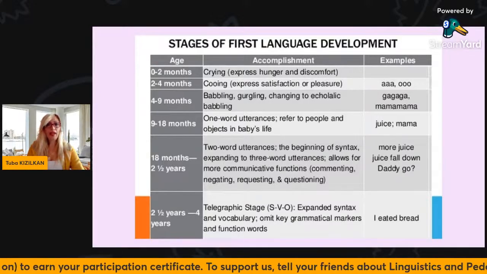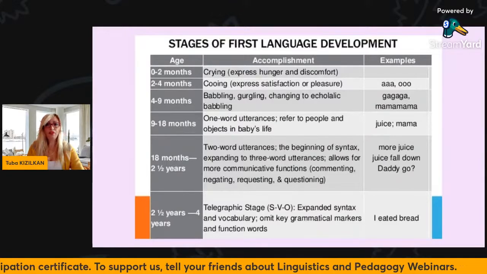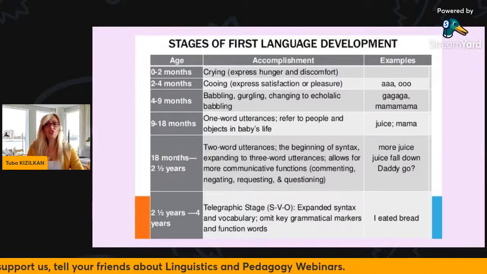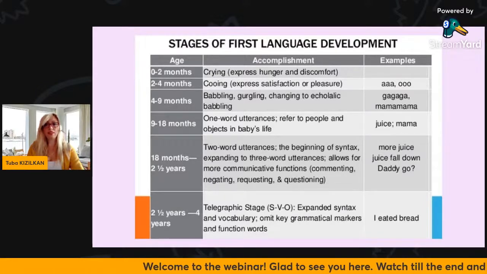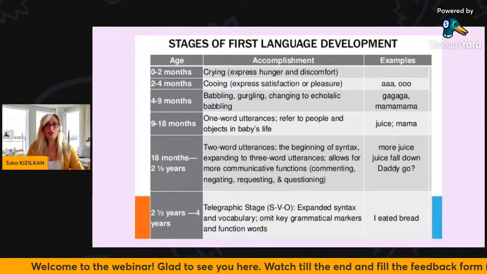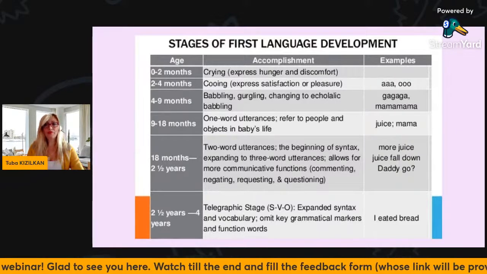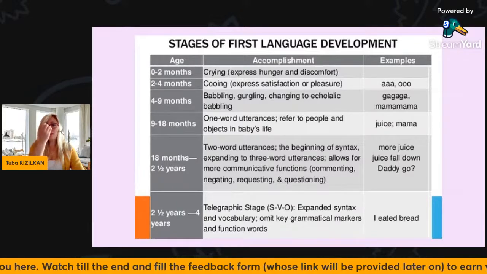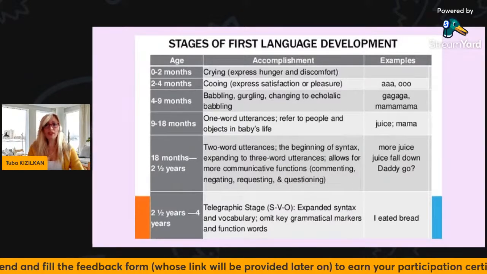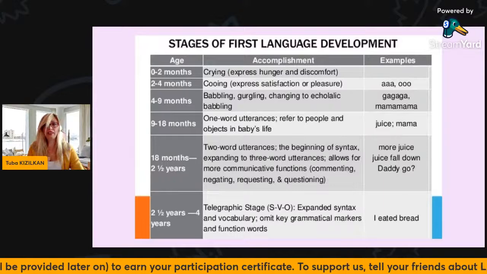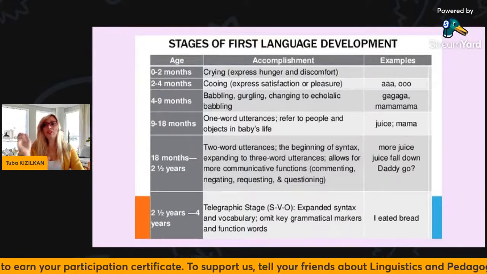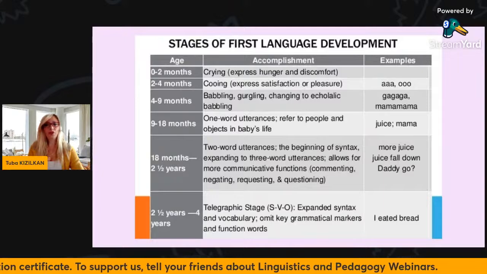And between 18 months and 2.5 years, the baby starts to have two-word utterances and begins syntax, building very small sentences, expanding to 2 or 3 words, and starts to have communicative functions: commenting, requesting, questioning, and negating, like "Mama come and Daddy go," "Juicy fall down," and more juice, things like that.